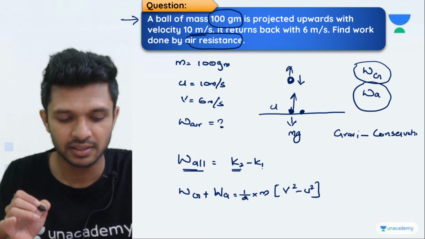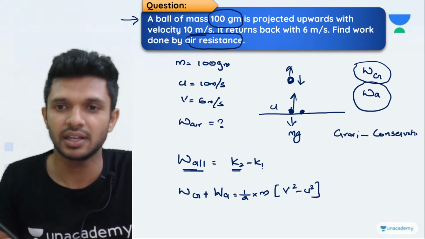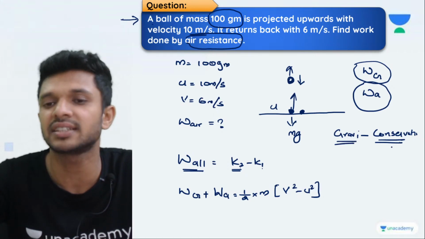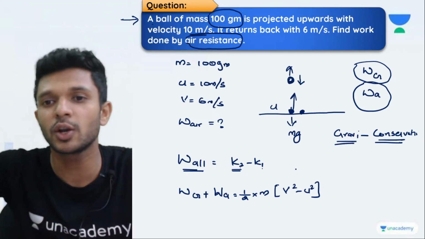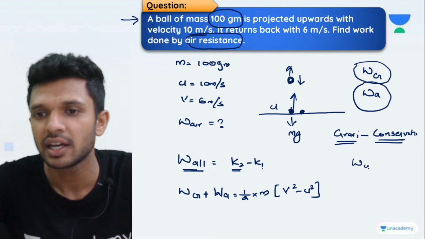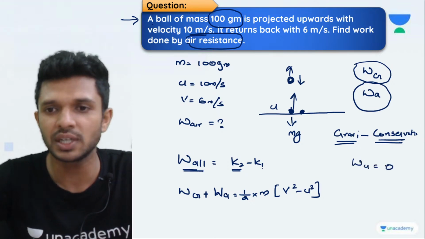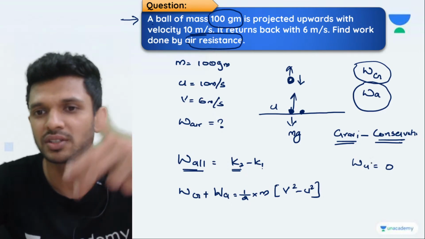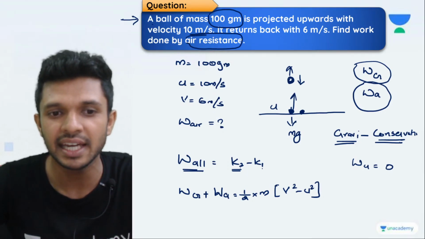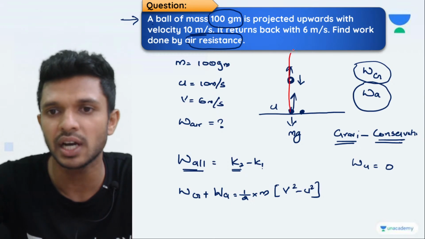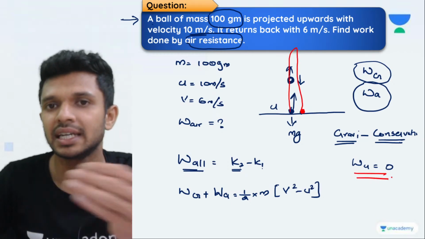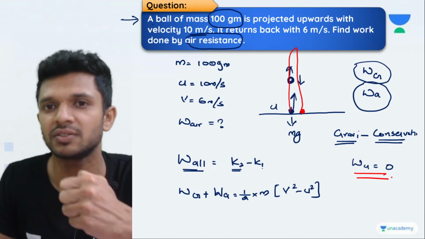Work done by a conservative force, here in this case gravitational force, in a closed path: how much is it? In a closed path the work done will be 0. The displacement is 0 actually, isn't it? It is coming back to the same position. It starts from a position, moves up and comes back to the same position. So the work done in a closed path by a conservative force is 0.